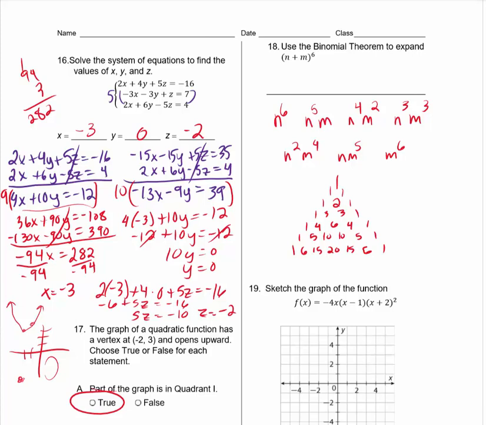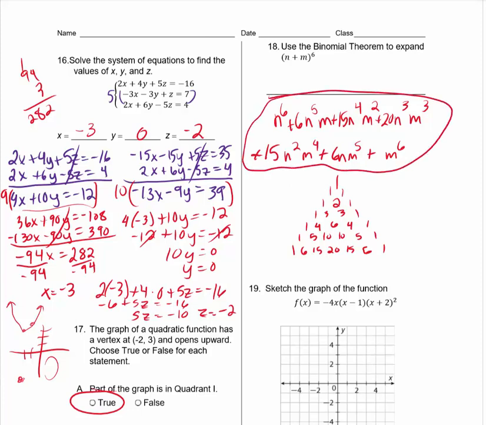So we'd have 1 n to the 6 plus 6 n to the 5th m plus 15 n to the 4th m squared plus 20 n cubed m cubed, and then plus 15 n squared m to the 4th, and then plus 6, and then plus 1. So here is our expansion.